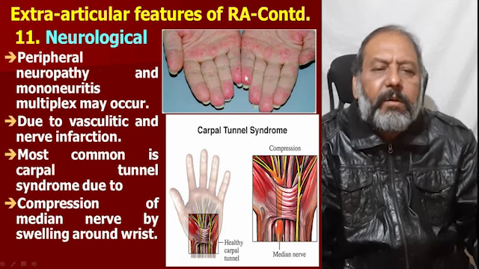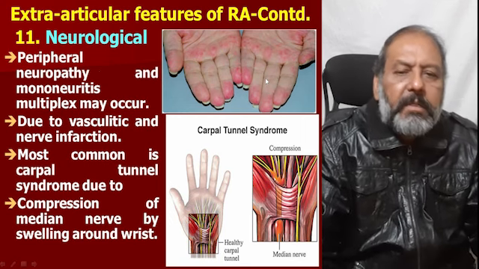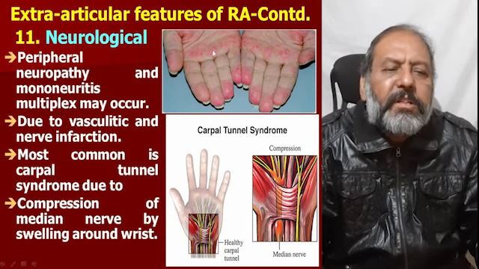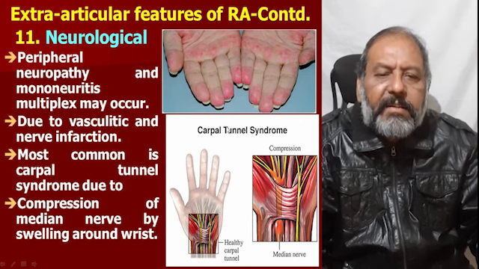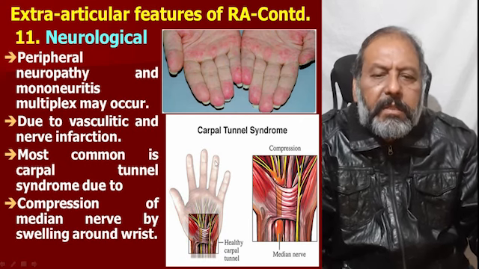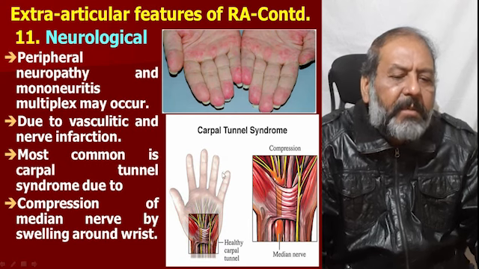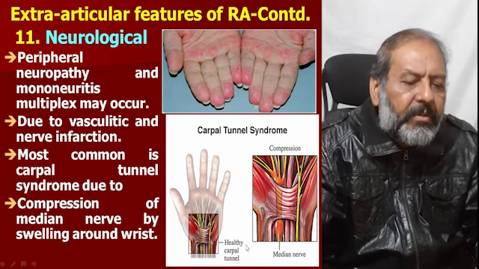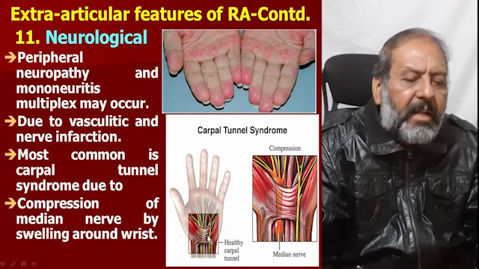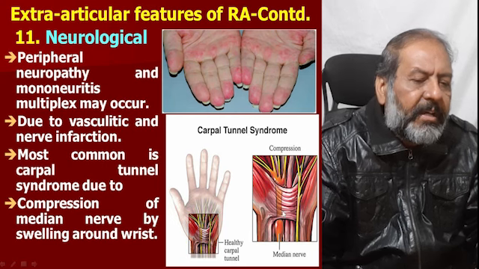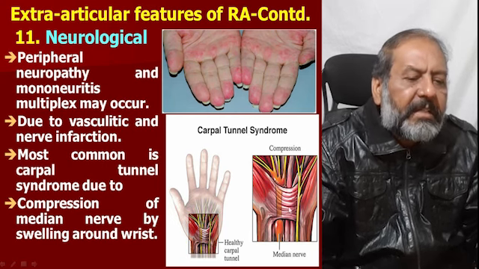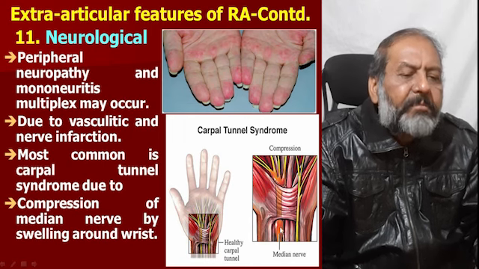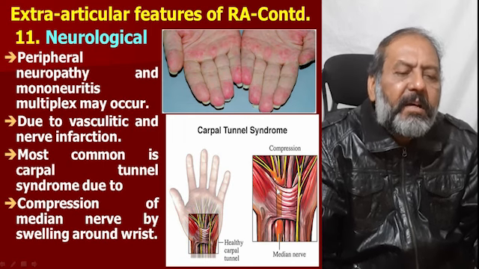So here one can see the neurological manifestation of rheumatoid arthritis, and also the carpal tunnel syndrome, in which the healthy carpal tunnel is there, and here the carpal tunnel syndrome is causing compression of the median nerve which is passing under that.